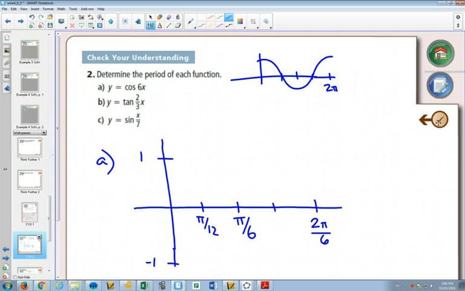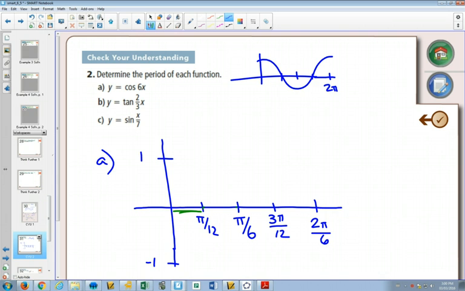For figuring this third one out, once we've split it in half and split it in half again, you now know that this distance is 1 pi over 12, 2 pi over 12. This will be 3 pi over 12, which you could simplify to pi over 4. But as far as counting things go, isn't it easy just to count 1, 2, 3 pi over 12 and label it that way?